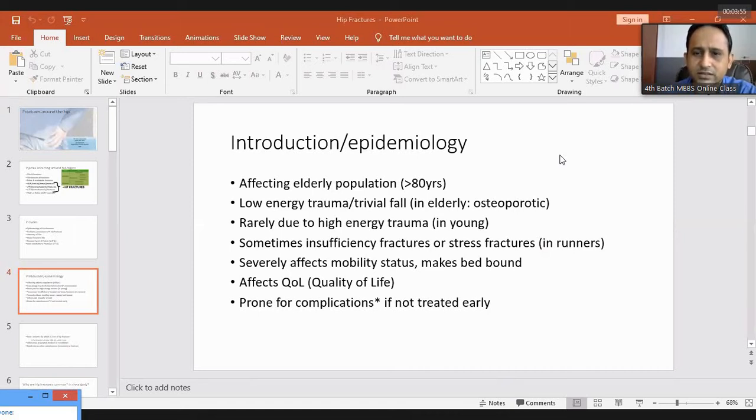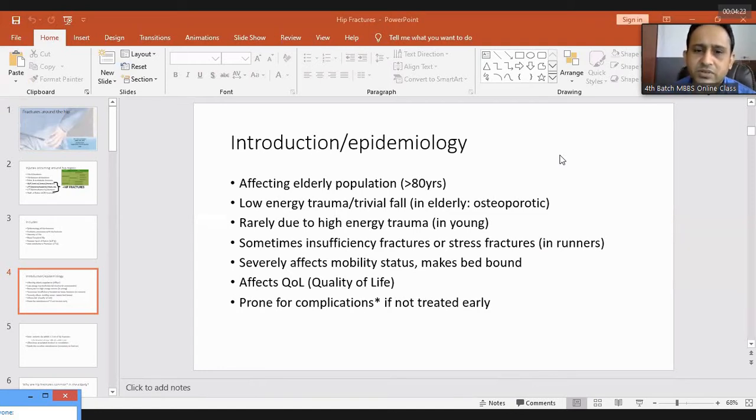They often have associated comorbidities, so they are prone to falls and injuries. Even a low energy, trivial fall can result in a hip fracture, especially in the elderly. It is quite rare in young people because it is only associated with high energy trauma like motor vehicle accidents.